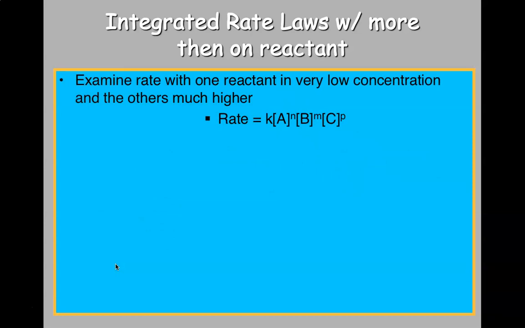So let's say we have this reaction of A, B, and C going to something. Now the goal here is one reactant has an extremely low concentration and the others are much higher.